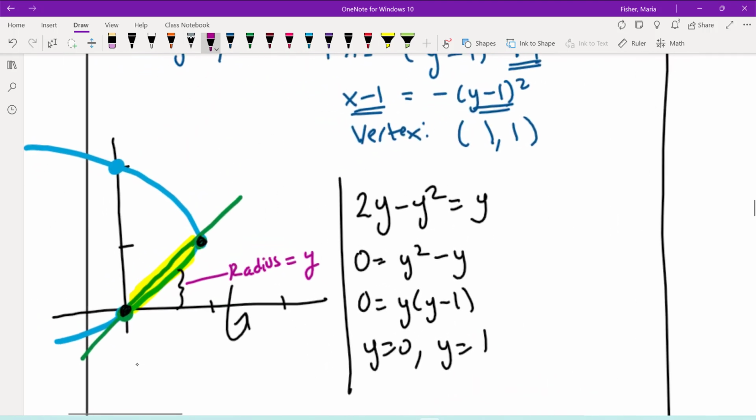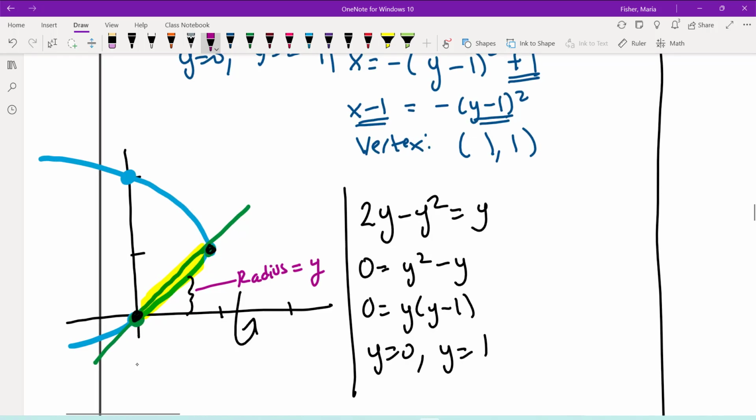The last thing that I have is the height. Well, the height's going to be the distance on the inside here, and then that height, well, it's got to be blue curve, this guy right here, minus the green curve.